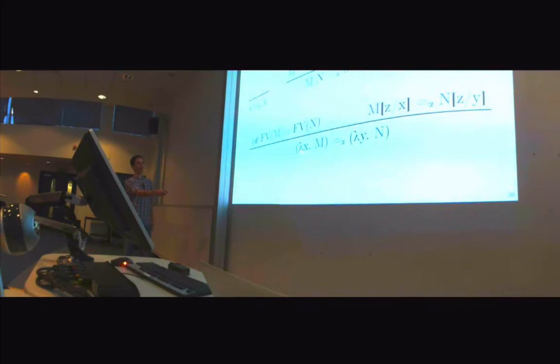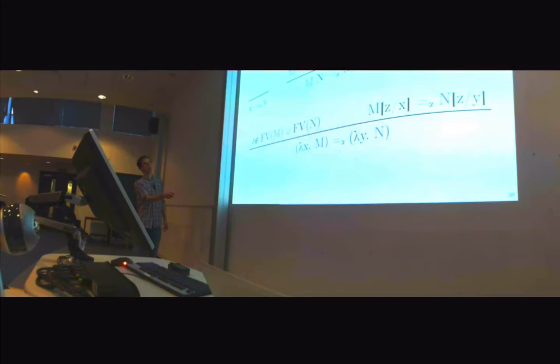Finally, we come to comparing two function abstractions. The question is, lambda x dot m, is that alpha equivalent to lambda y dot n? So what we do, we pick our fresh variable z, just like we did in the previous slide, and all we require of z is that it's not free in m and it's not free in n.